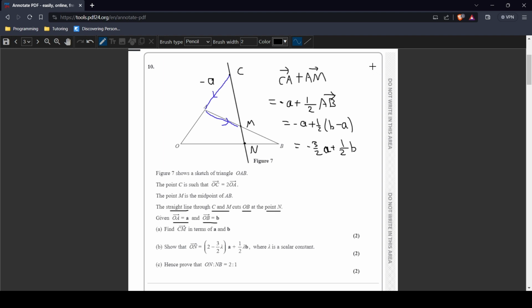Now part B. Show that the vector ON is (2 minus 3 halves lambda) lots of a plus a half lambda b, where lambda is a scalar constant.